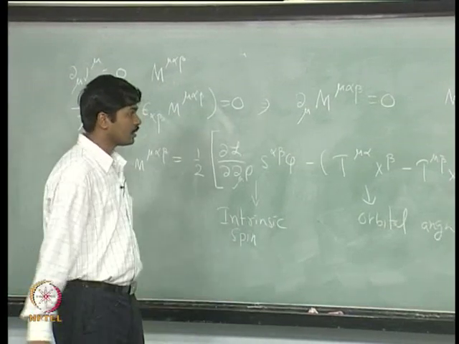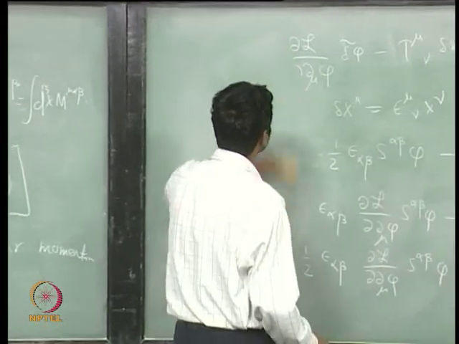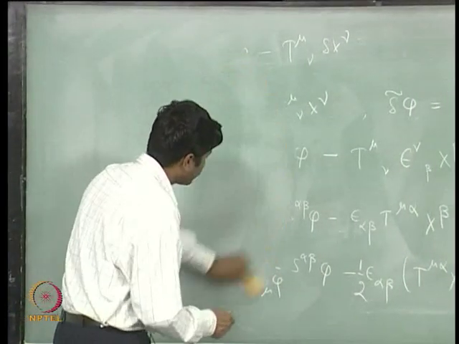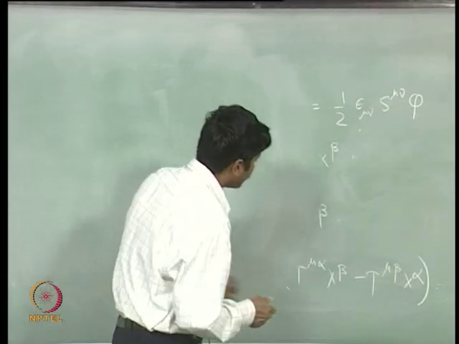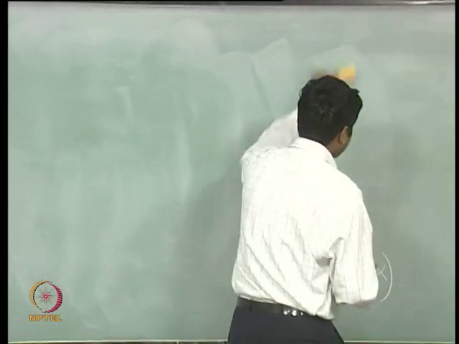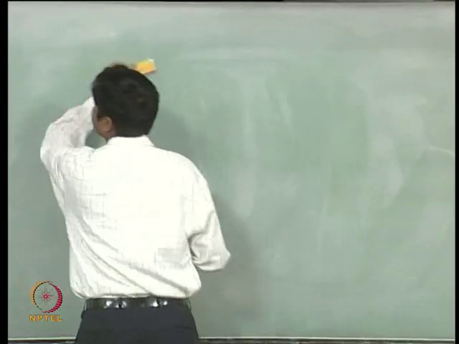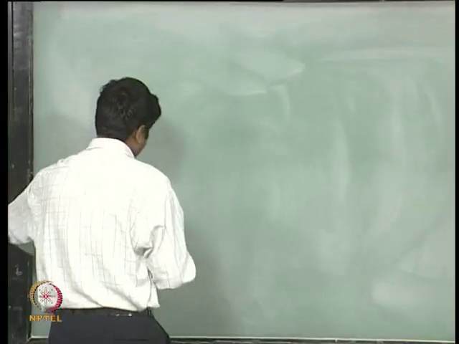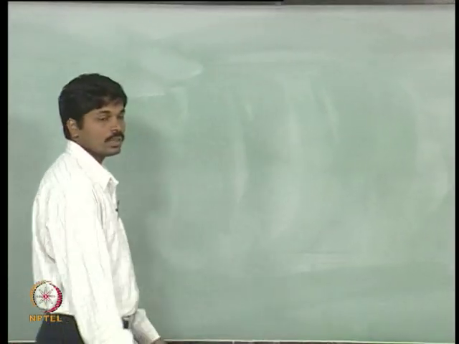Okay, so what we have discussed so far is classical field theory: we derived the Euler-Lagrange equation, and then we considered theories which are invariant under continuous symmetries and their consequences.